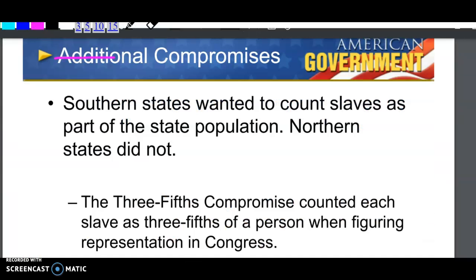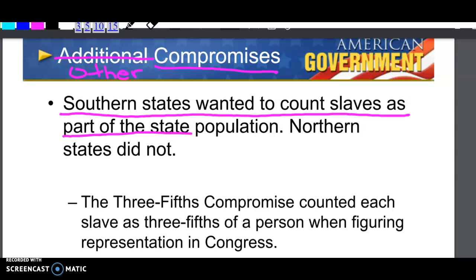All right, so you can just call this other compromises. There were other compromises that had to be made. Southern states wanted to count slaves as part of their state population. The northern states were not for this. They were against counting slaves as part of the population because the southern states did not perceive slaves as human beings.